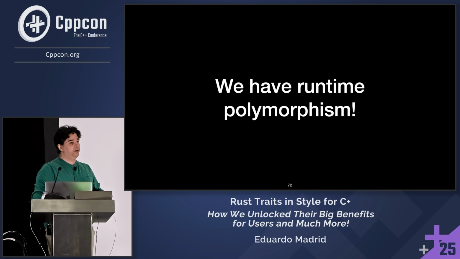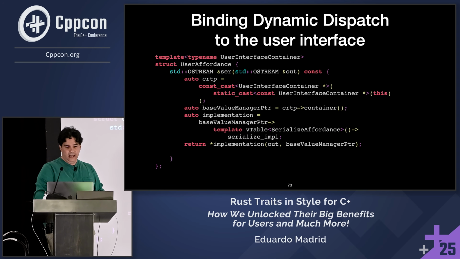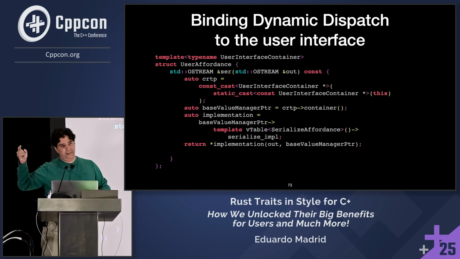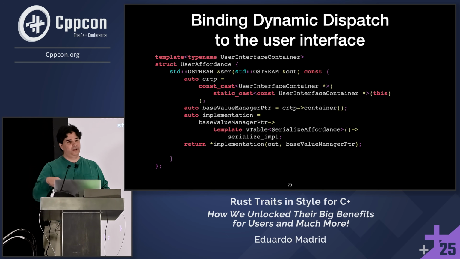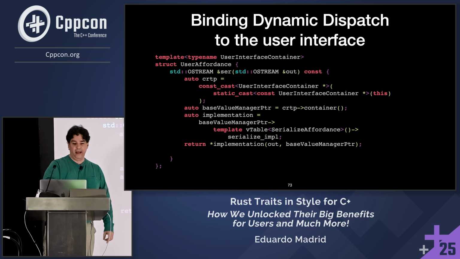So now we have runtime polymorphism. We're getting really far ahead. So how is the dynamic dispatch mechanism bound to the user observable capabilities?